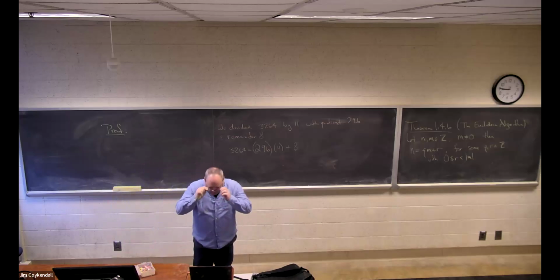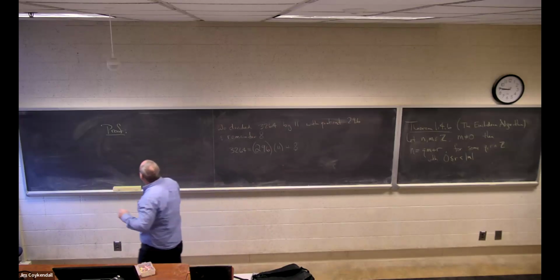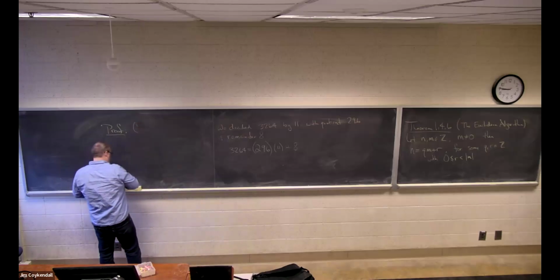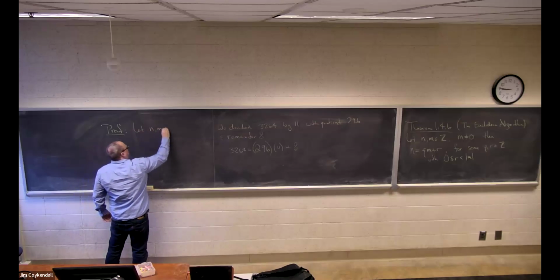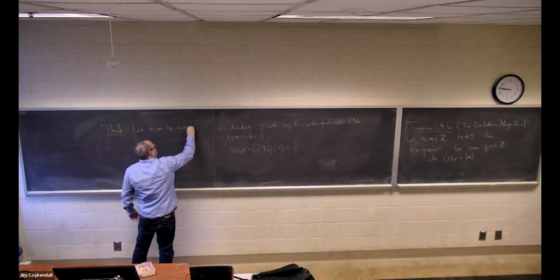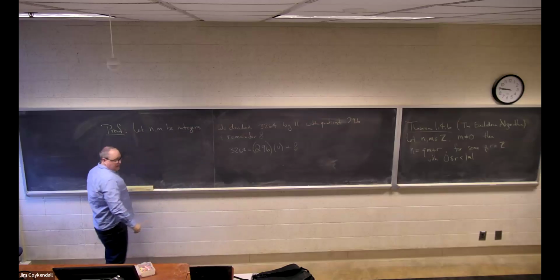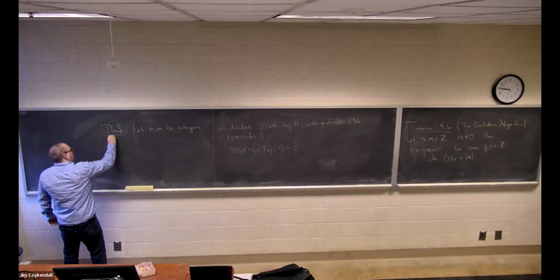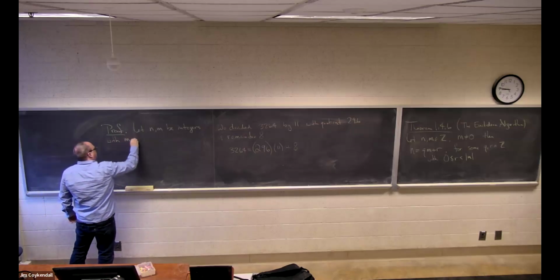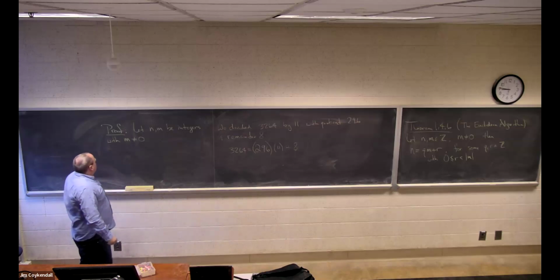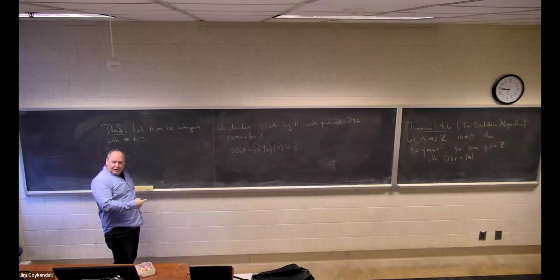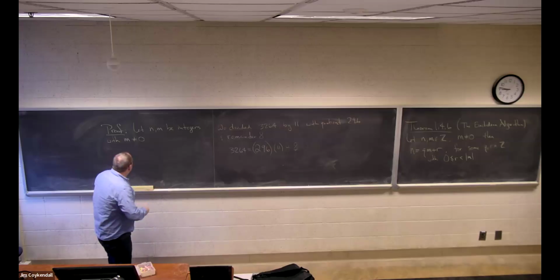I want to consider the following set, with n and m in the integers, m not zero. And in fact, the proof basically works off the mistake that I made in my division there. Remember how I divided by not enough and I had a remainder that's too big? That's essentially what we're gonna do.